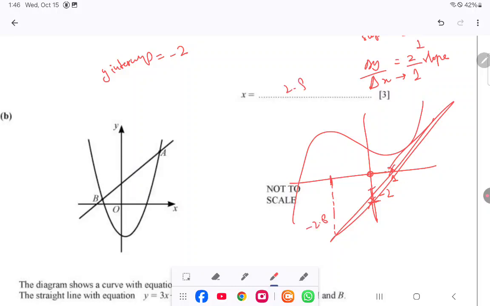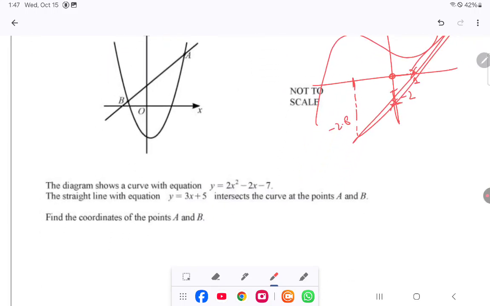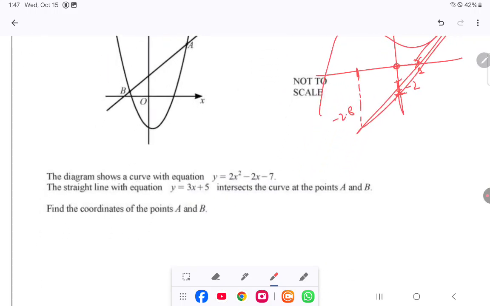This is our x. Now for the b part, the diagram shows a curve with equation y is equal to 2x square minus 2x minus 7. The straight line with equation y is equal to 3x plus 5 intersects the curve at points A and B. This is the intersection point.